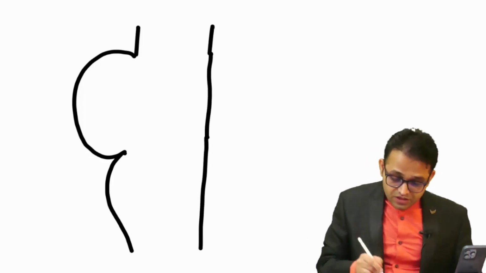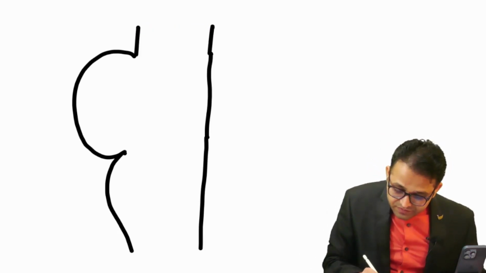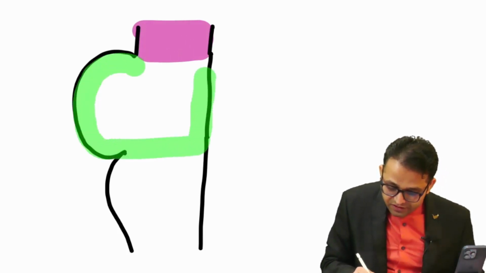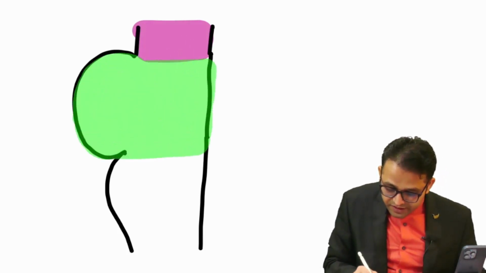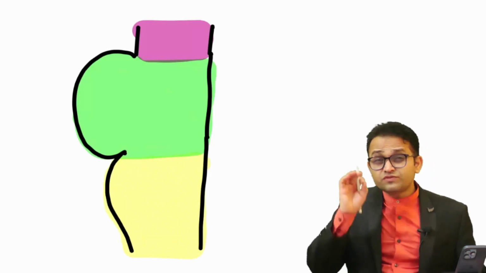I am just showing the color coding. The midbrain is shown with the brown color, the pons with the green color, and then the medulla, sir, is our yellow color. So the fifth cranial nerve is the largest cranial nerve.